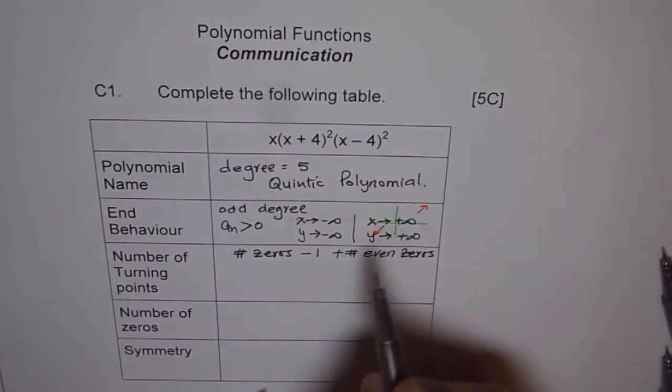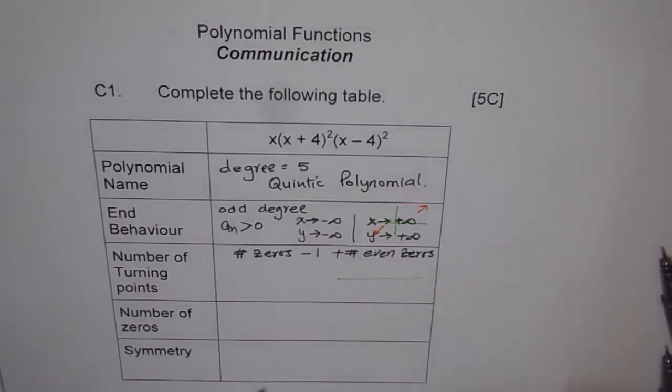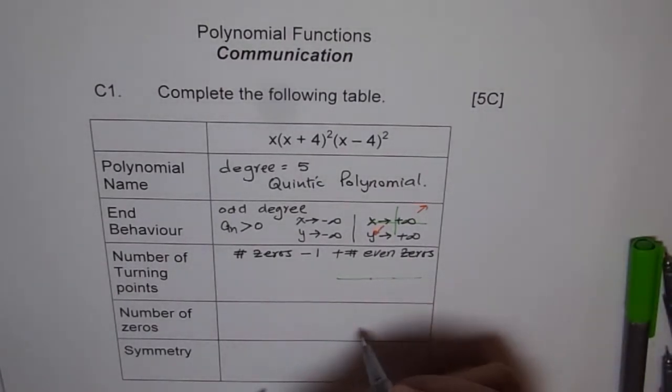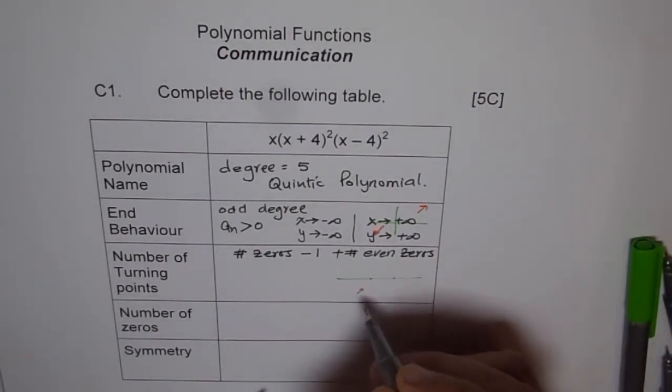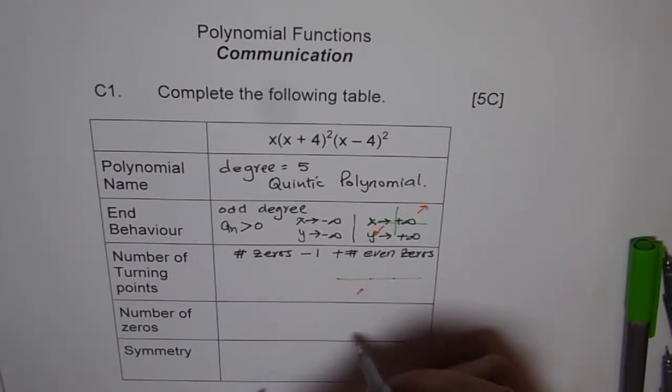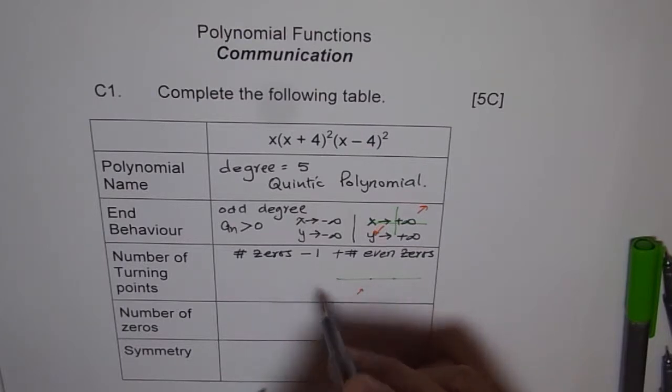Let us say there are 2 zeros. Let me explain this concept. And let's say the graph is going from here, right? So if there are 2 zeros, if you cross the line, you have to come back, right? So between any 2 zeros, there will be 1 turning point. So zeros minus 1, correct? That's how you get the first part.